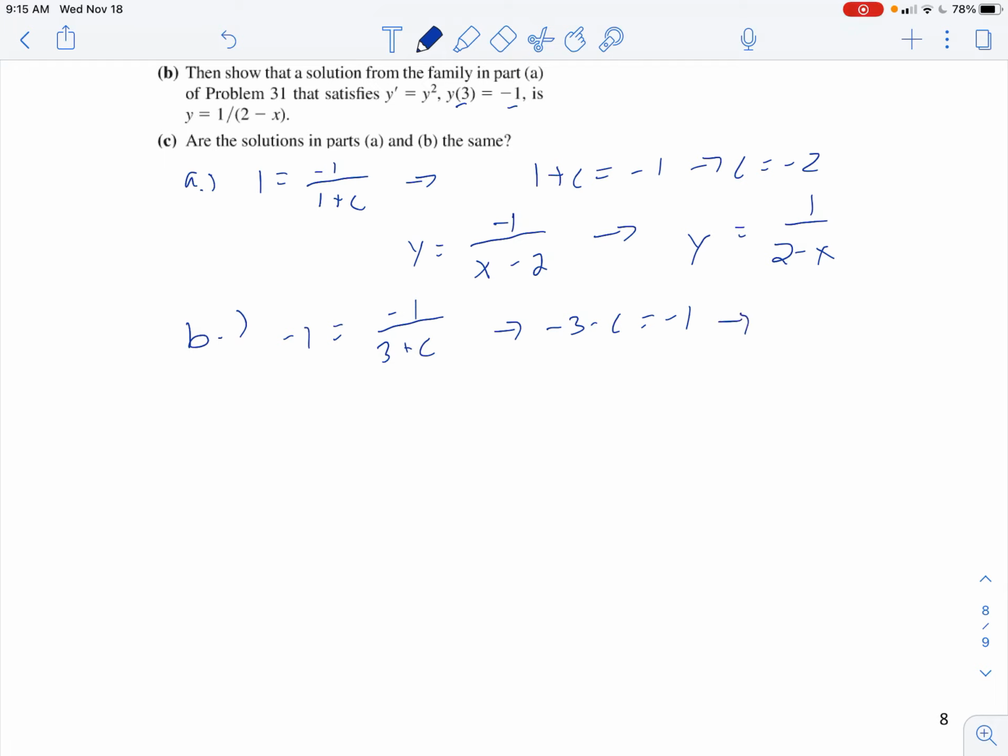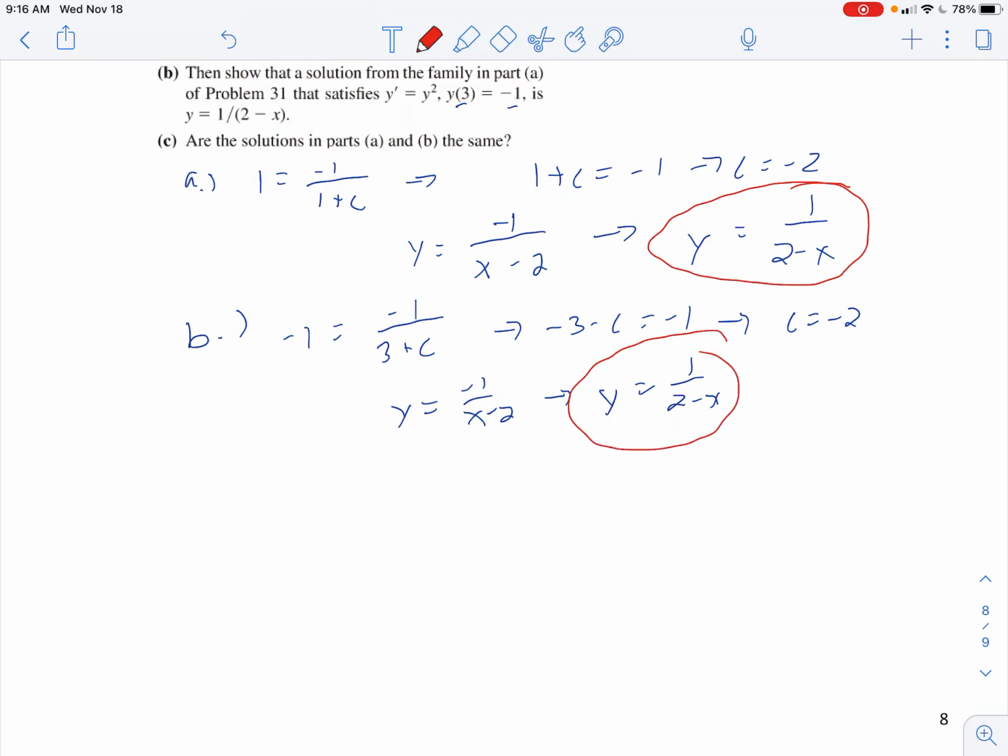I'll add c to the right and then add 1, so c is equal to -2. And then again, we're just going to plug that into y equals -1 over x minus 2, which is just going to give us the same thing, y is equal to 1 over 2 minus x. So the way it looks is the same. Both of these are very similar in the way that they look.